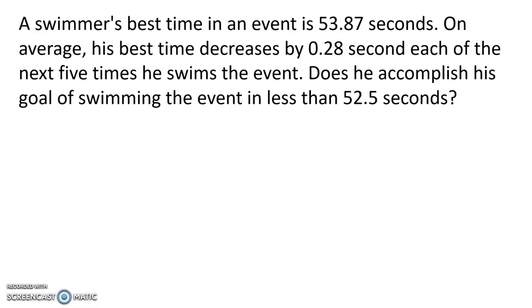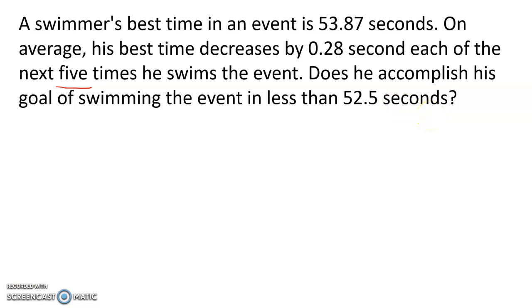So on this one right here, it says a swimmer's best time in an event is 53.87 seconds. On average, his best time decreases by 0.28 seconds each of the next 5 times he swims the event. Does he accomplish his swimming goal of less than 52.5 seconds?